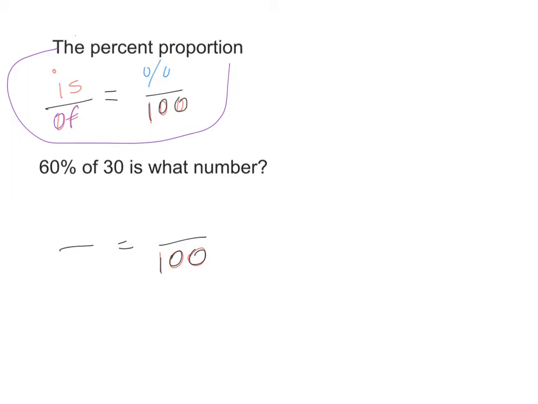So what we're going to be doing is looking at this first example and filling in the puzzle pieces. If you notice, the 100 is always going to be there. And the value that's going to be above the 100 is always going to be the percent. So here we have 60% of 30 is what number?